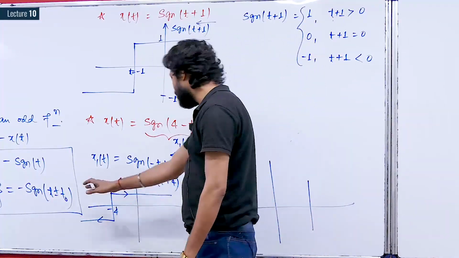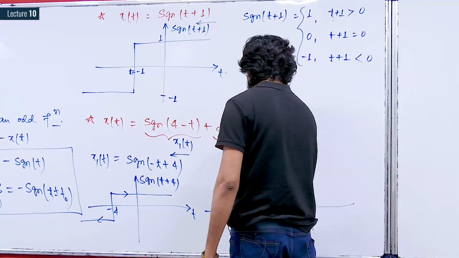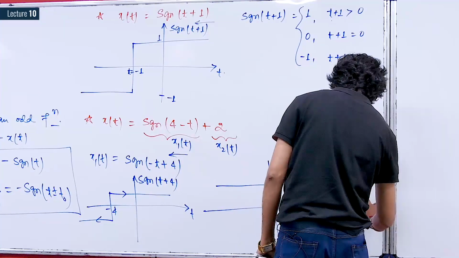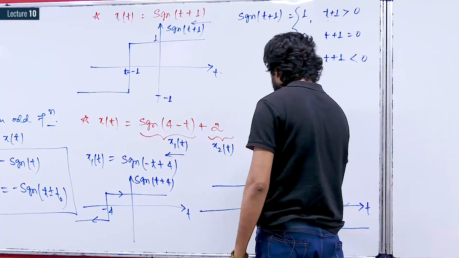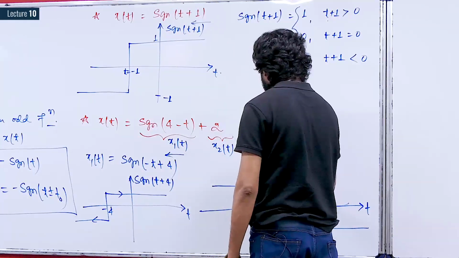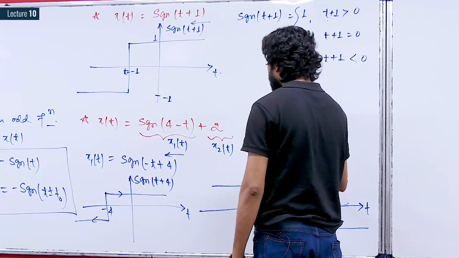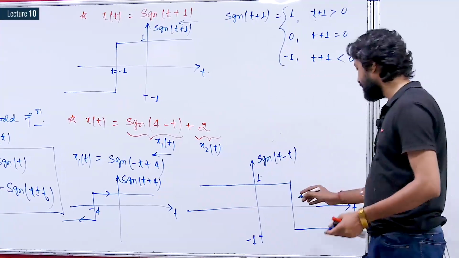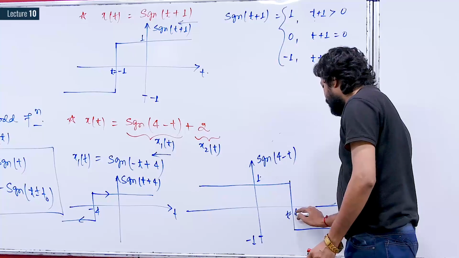As this plot has reversed, the polarities will be like this. We just have taken time reversal. These are the values plus 1 and minus 1. It is your signal, signum of 4 minus t, or minus t plus 4. So it is your signal which has discontinuity at t equals 4.